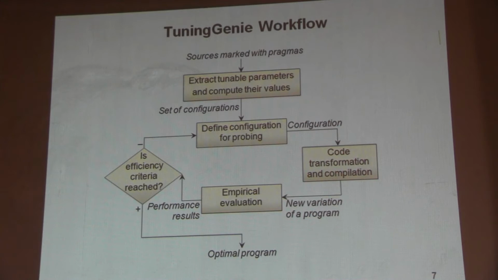So if you look at the workflow of the optimization, there is this section, empirical evaluation. It's about taking your program, taking some input data and executing it to get performance results. So the idea was that for some subset of probing configurations, this evaluation can be replaced with the estimate from a trained model.